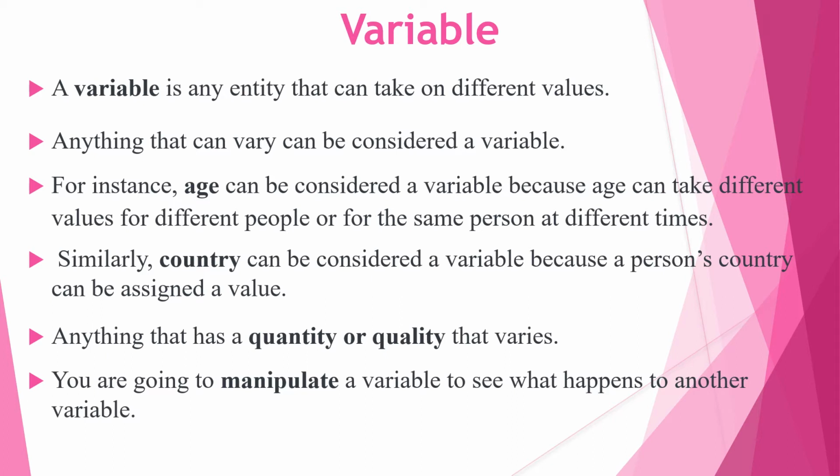As a researcher, we are going to manipulate one variable to see what happens to another variable. In research, variables are a very important factor: one variable is changed or manipulated to affect the other variables, and we try to find out the correlation between the variables.